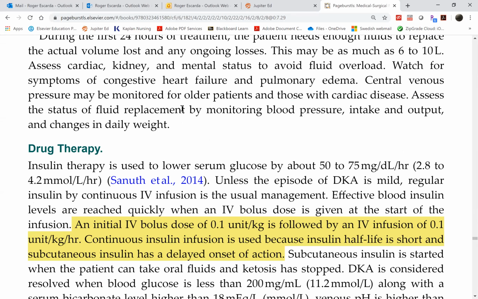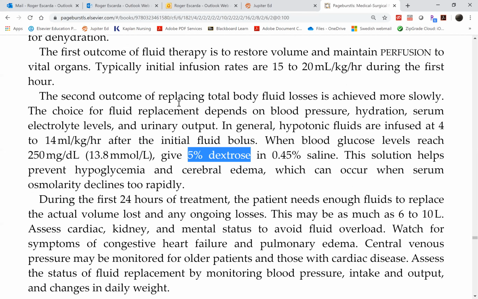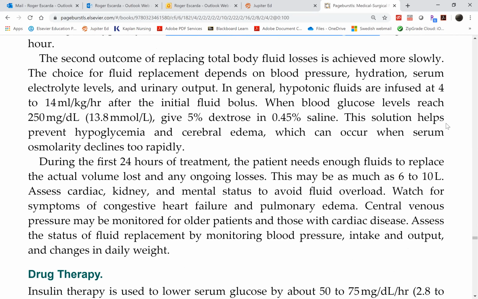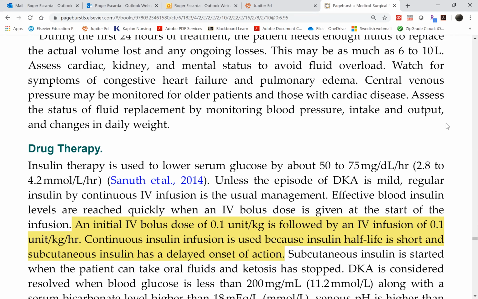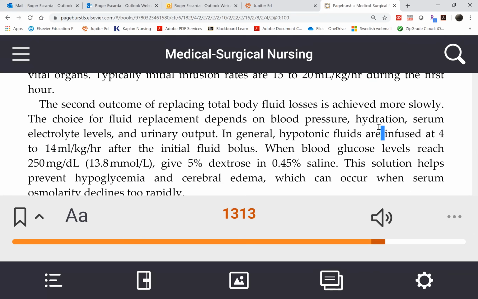And don't worry about switching to the D5 because this will probably be either 12 hours later or maybe even 24 hours later. Okay, because it will take time to correct the dehydration. Oh, so you mean to say when we give 5% dextrose, that means we are trying to prevent hypoglycemia, right?